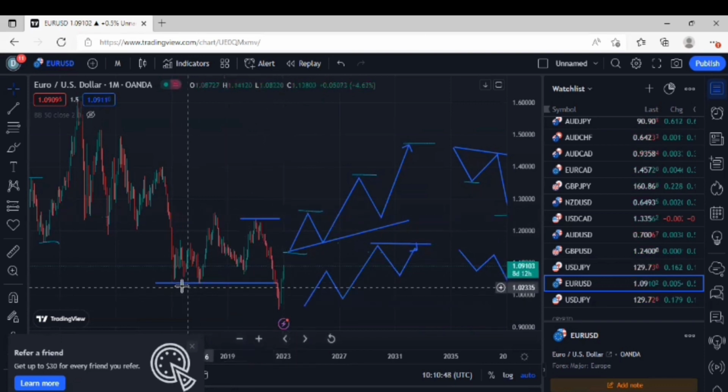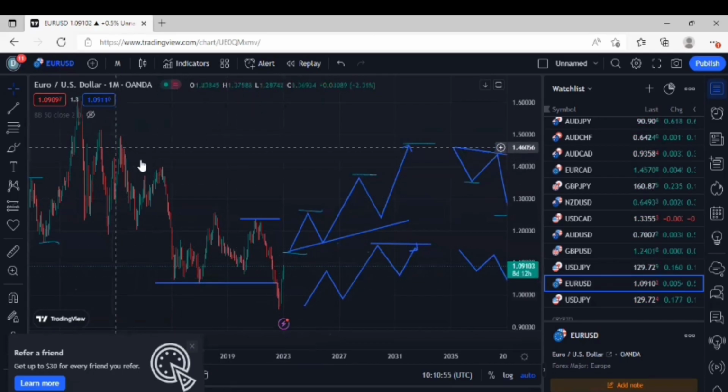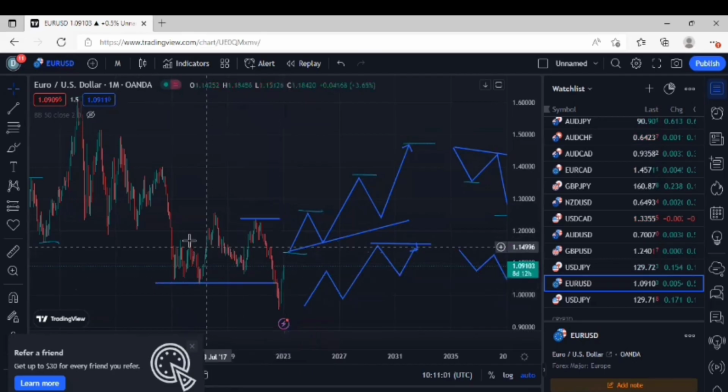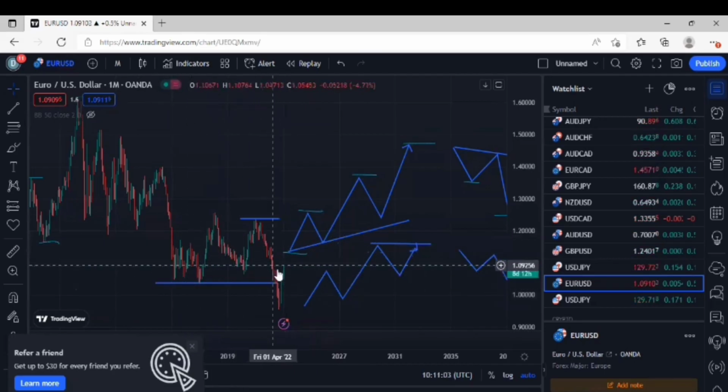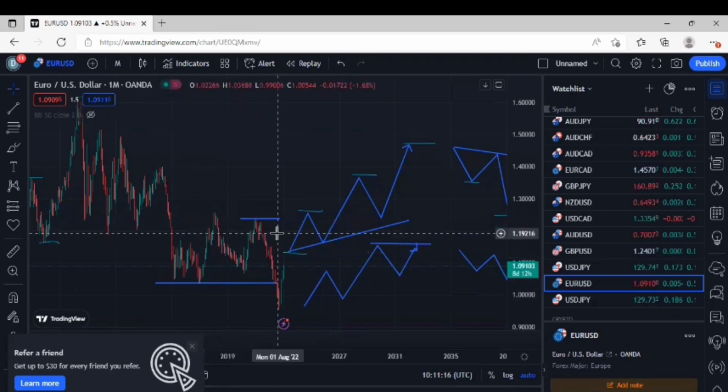We are still in a downtrend, because the break of structure here has confirmed the downtrend, and the downtrend is still continuing. We have a downtrend continuation. So any opportunity you want to look for in this Euro USD will be a sell opportunity. If there is going to be any buy at all, it's going to be a short buy. So here on Euro USD, I say we are still in a downtrend.